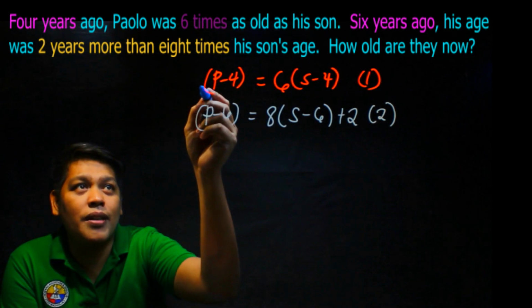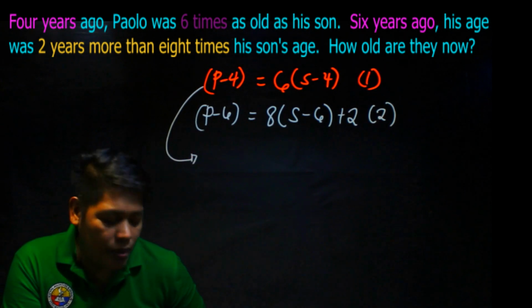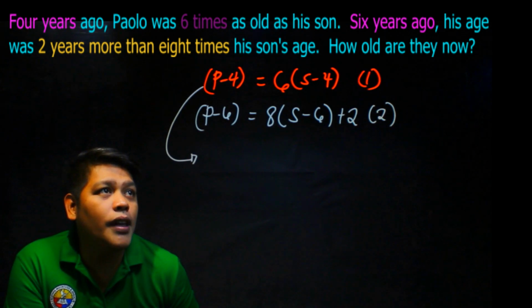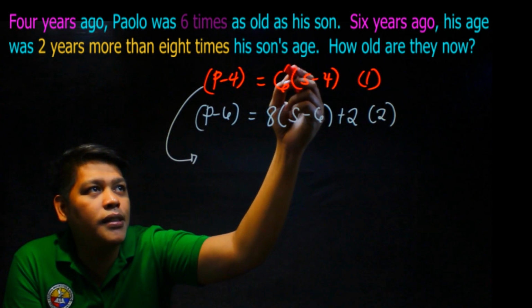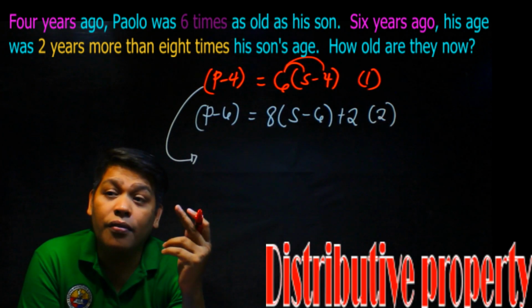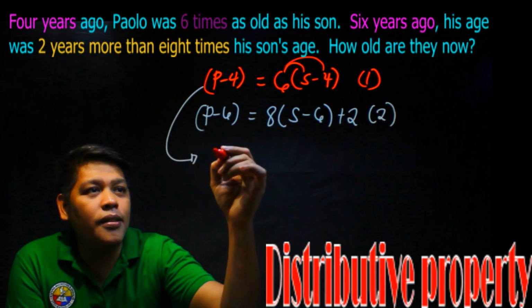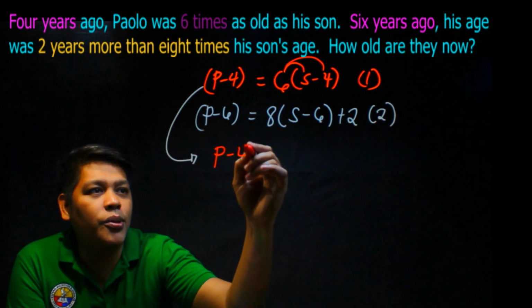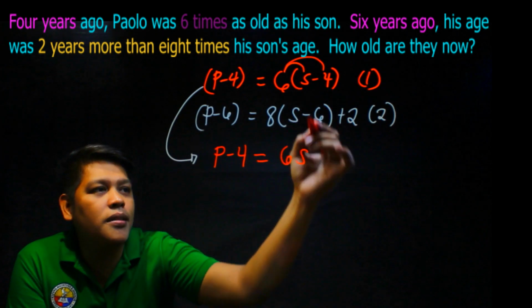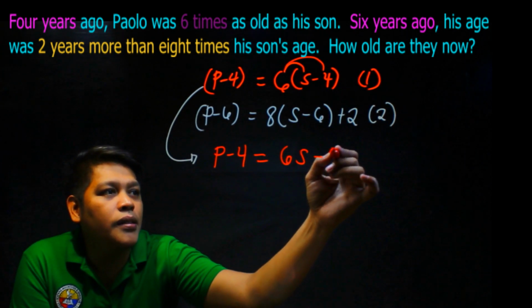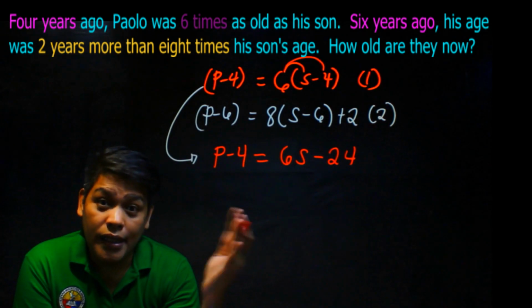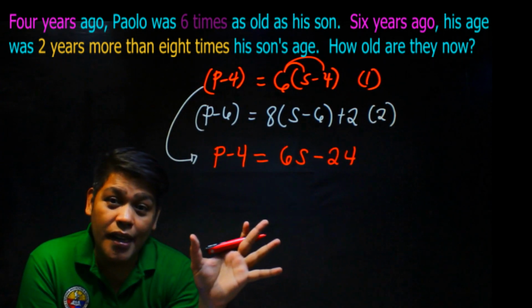So, P minus 4 equals 6S, then 6 times negative 4, negative 24. Ngayon, kaliwa, puro letters, kanan ay yung numbers.